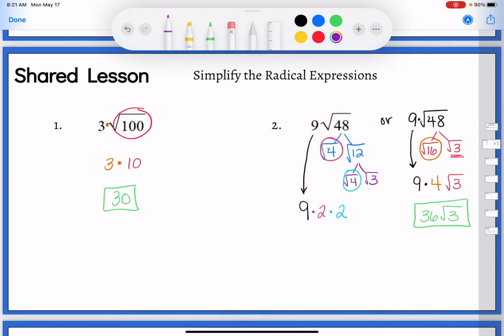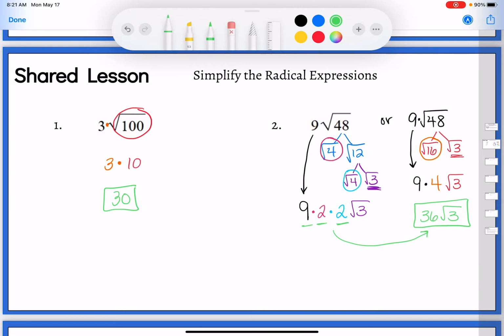But this square root of 3 at the end here, that's not a perfect square, so it stays how it is, right? And I'm only looking at the ends of my branches here. The 12 has changed to a radical 4 and a radical 3, so the only one I have left here is the square root of 3. And then I could do the same thing and multiply all these together. 9 times 2 is 18. 18 times 2 is 36.